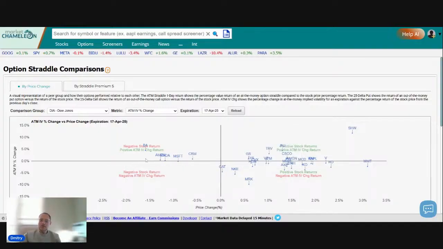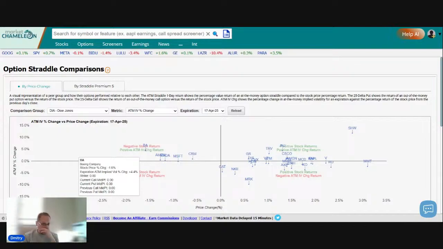These stocks that were down, here's Boeing. Stock was down 1.6%. Implied volatility was up 4.4%. This lets us quickly see how the implied volatility and stock behaved on the day.